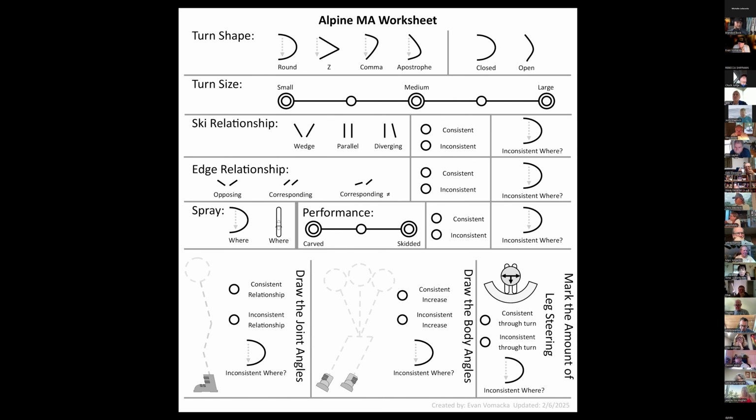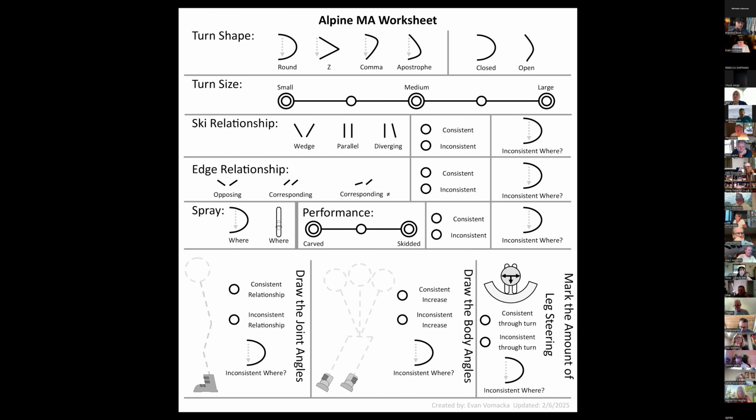Scott made a nice point about listing ski performance first before we jump down to the body performance. That was intentional. That's where ideally we're going to look first.